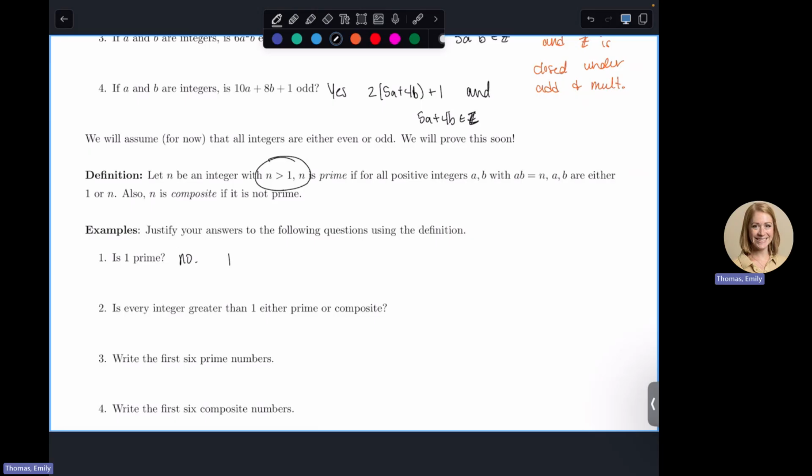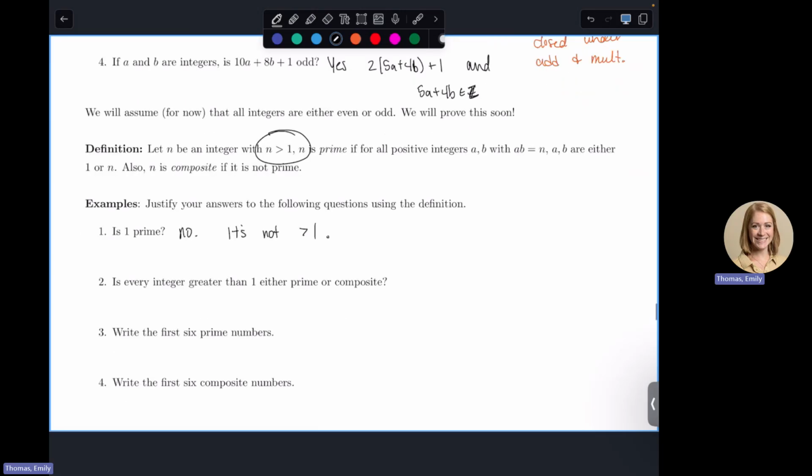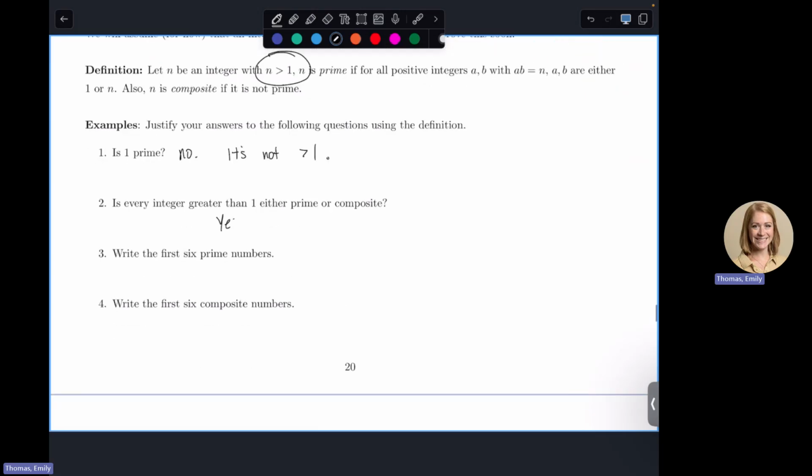So it needs to be bigger than 1, so 1 is not. Is every integer greater than 1 either prime or composite? Yes, it's either prime or not prime. That was the definition of composite. I almost wrote down not composite, not helpful.